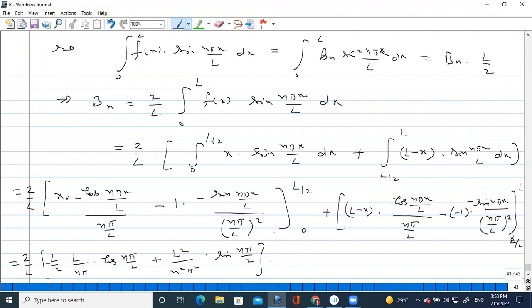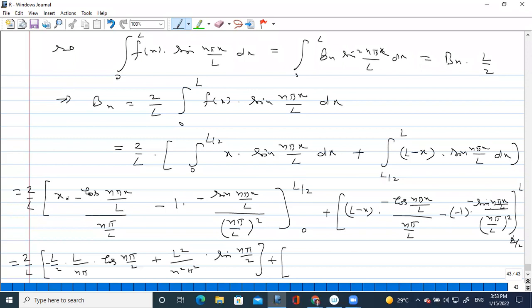Now coming to this portion, here you have to put L minus L, so that term will be 0. Now minus minus is plus, but minus 1 more, so that will be minus. Here you have to put x equal to L, so n pi x by L, L to L cancel, so it will become sin(n pi).